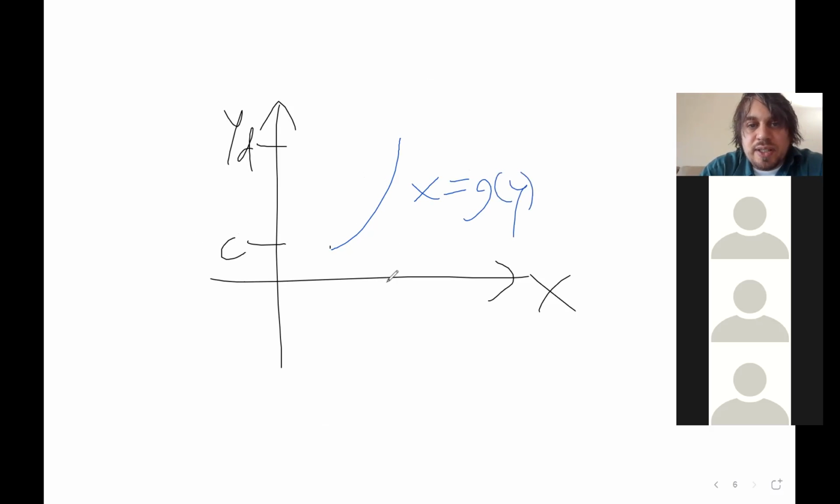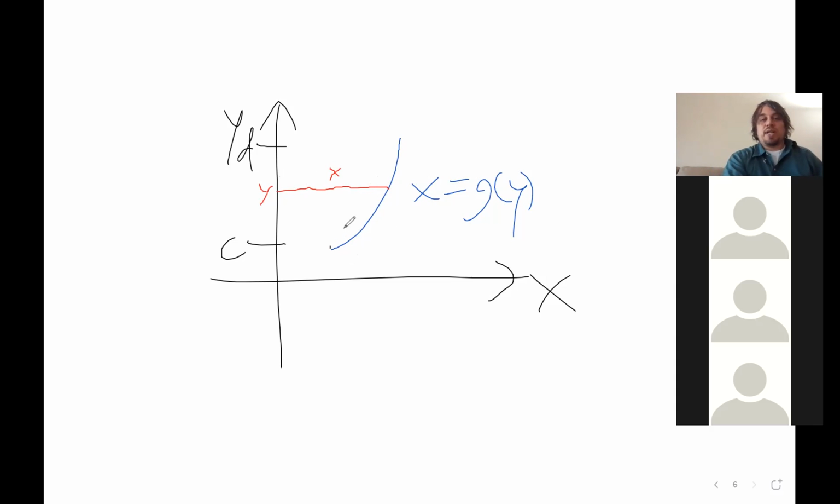So the height of the curve is not this. The height of the curve is now this. So the height of the curve is given a y value between c and d, including c and d. What's the horizontal distance this curve is from that point on the y-axis, that red length here? That would be x, right? X would be the horizontal distance of this point. Okay, so if you input a y value, the output x is the horizontal distance, right?